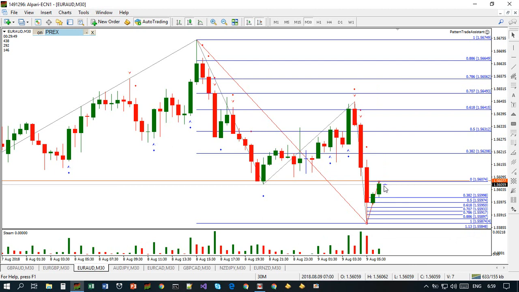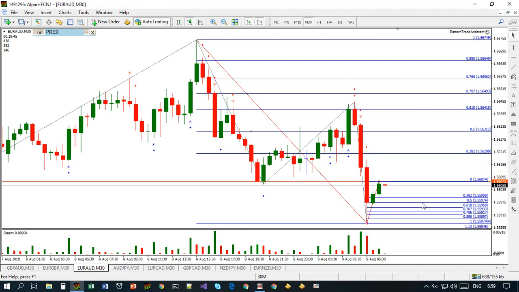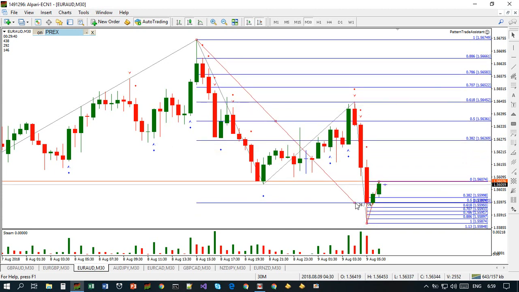This is very good. If it continues higher, I just restretch, and for now I have this 50% retracement. Let me place it here, and 50% will be my entry. Okay, I will enter here.